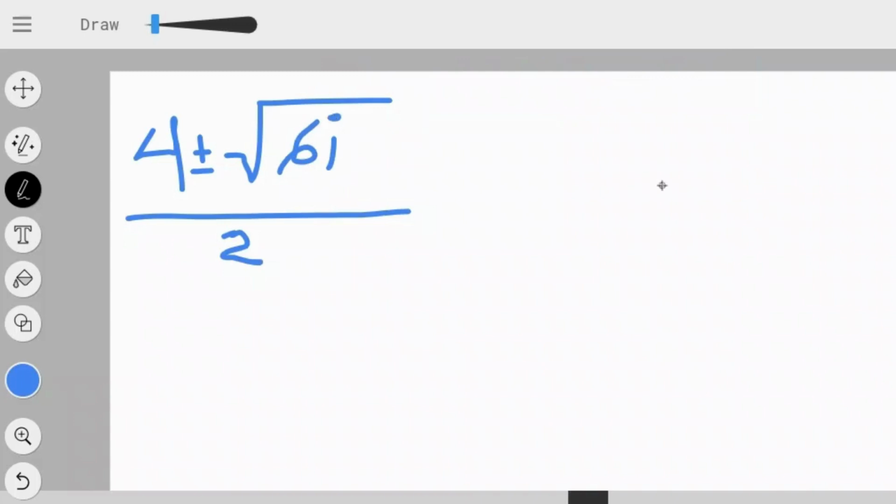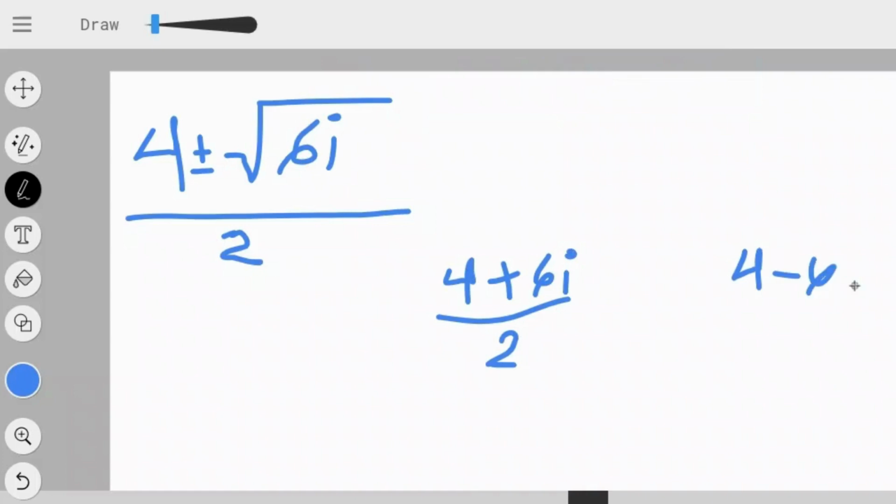Or technically, you could write it just like 4 plus 6i over 2, and then 4 minus 6i over 2. And then those are going to be your mini equations.